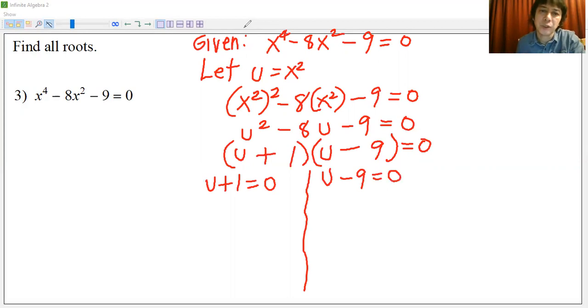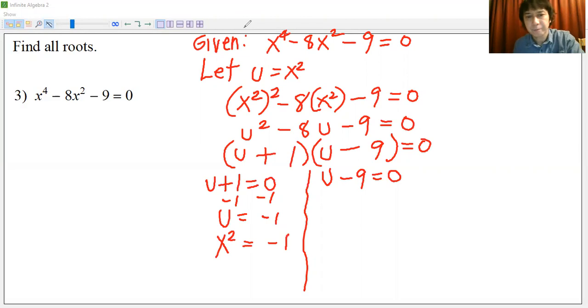Okay, let us start with u plus 1 equals 0. This is minus 1, minus 1. U is negative 1. And then going back to our substitution, letter u is equivalent to x squared. So this must be x squared equals negative 1.